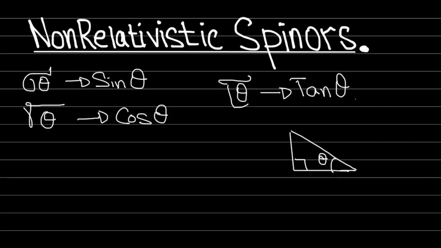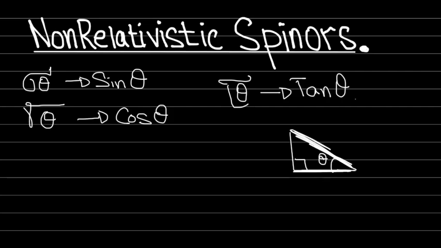In fact, one way to calculate cosine of theta is to create this right angle triangle, and one of its angles, we'll label it as theta. Then what we do is measure the length of the adjacent side, that is in this case this side, and divide it by the length of the hypotenuse, so that is this one, right?